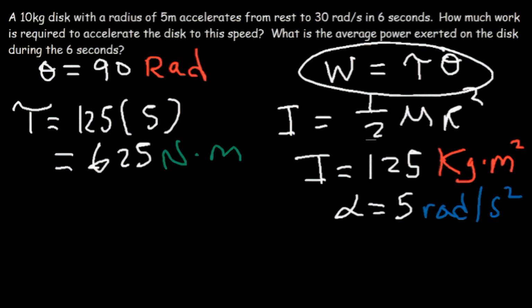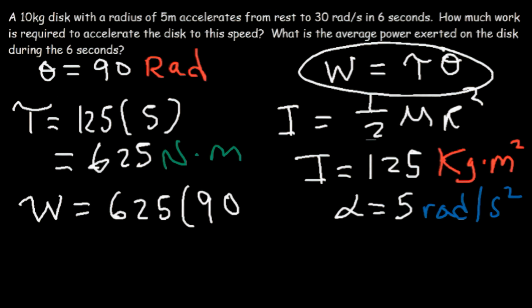So the work, which equals torque times angular displacement, is going to be 625 times 90. And you get the same answer of 56,250 joules. So now we see how much work is required to accelerate the disk.